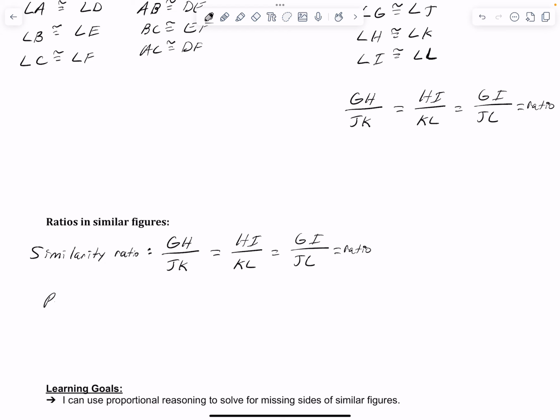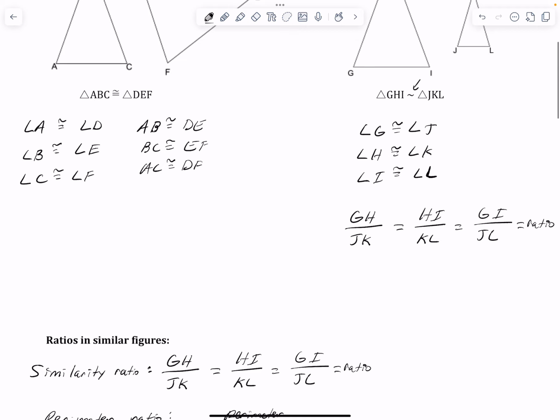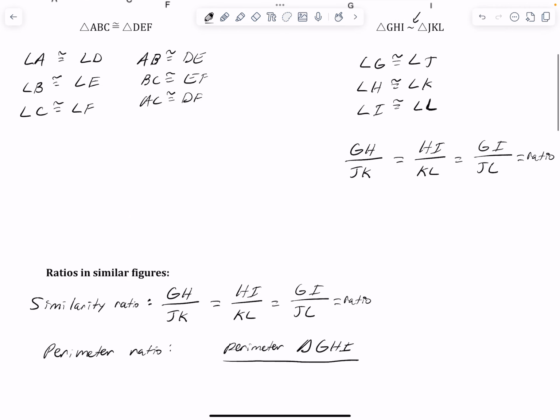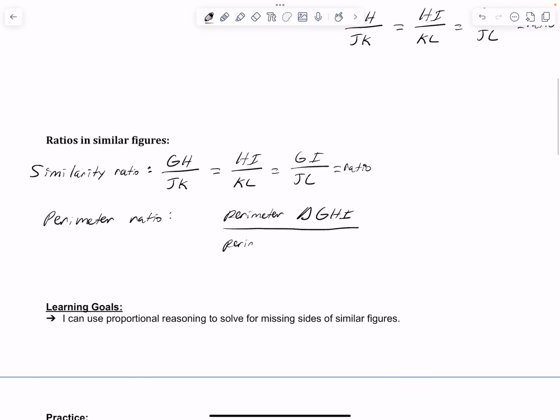Then you have 2 other ones. There's the perimeter ratio, which states that the perimeter, and I'll use these same triangles up here, of triangle GHI over the perimeter of JKL would also need to be that same ratio.